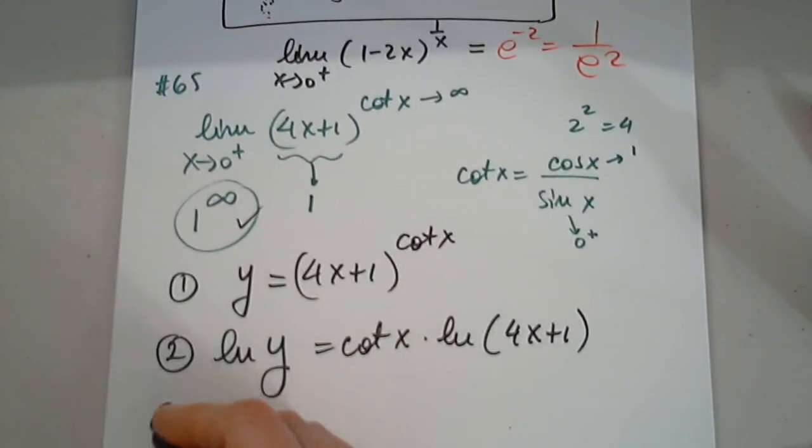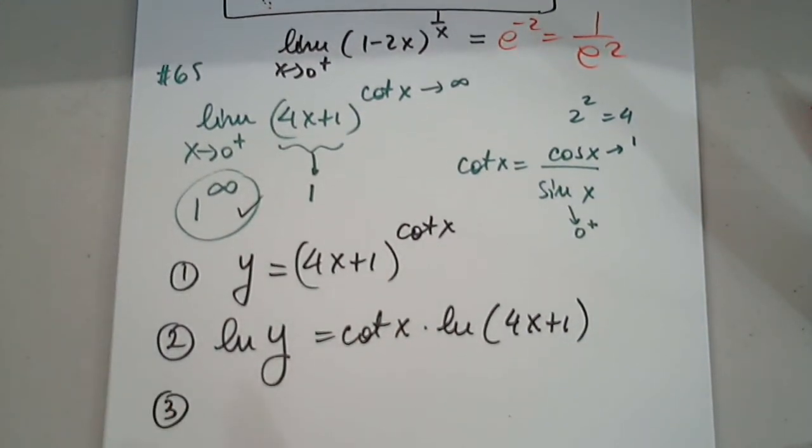Now in step 3, what do I have to do in step 3? Anyone? Okay, anyone else? You add the limit?